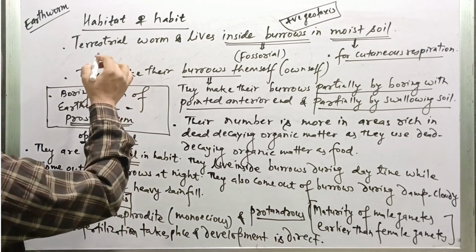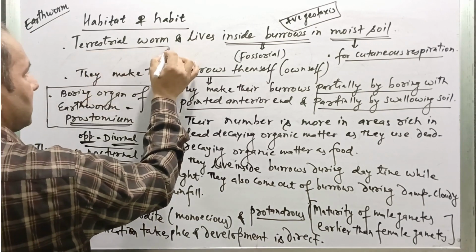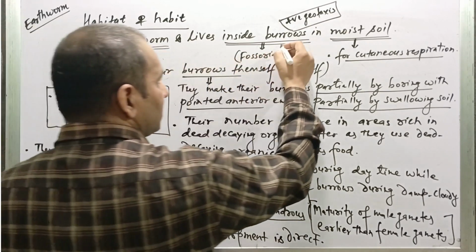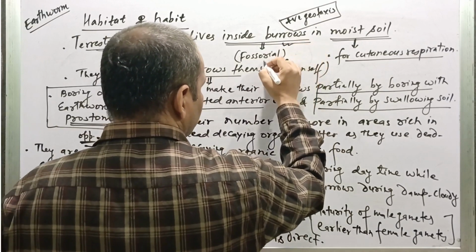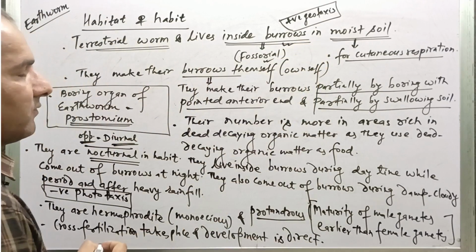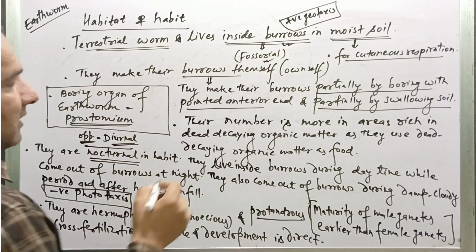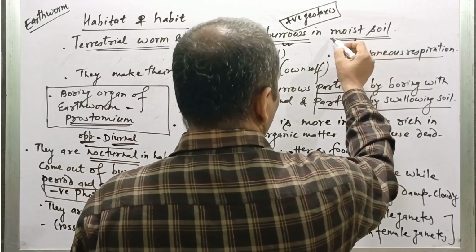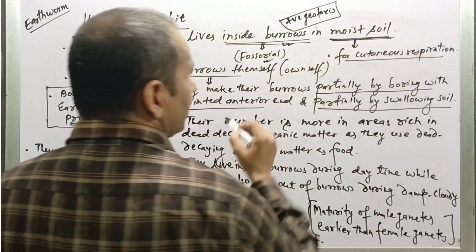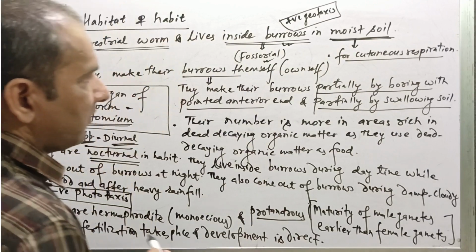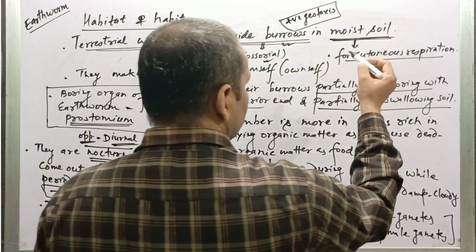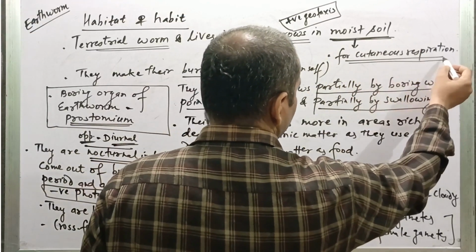What we have studied? We have studied that the earthworm is terrestrial worm. It lives inside burrows. So, we say it is fossorial in habitat and it lives in moist soil areas. Why in moist soil areas? For the purpose of cutaneous respiration.